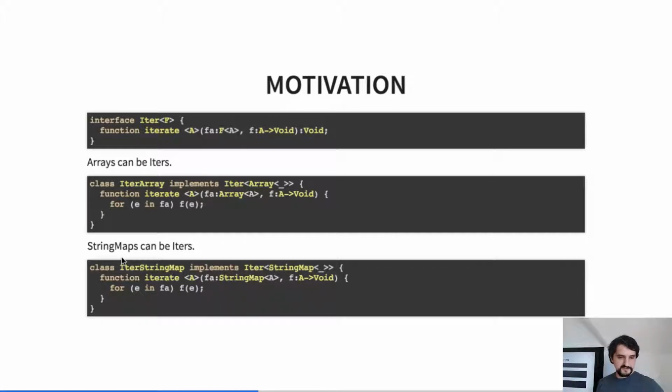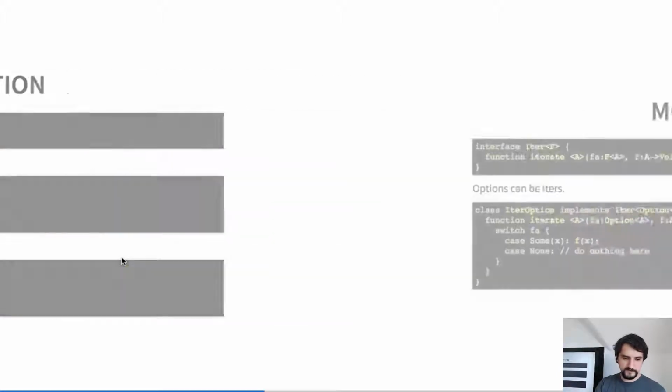So again, this is at this point with real implementations. You can have this iter type class, and then you have an implementation for an array. The same for the string map, which is more or less the same from the code, but from the typing, of course, it's different. As you can see, there is no abstraction in the implementation, so it's really based on the raw types.